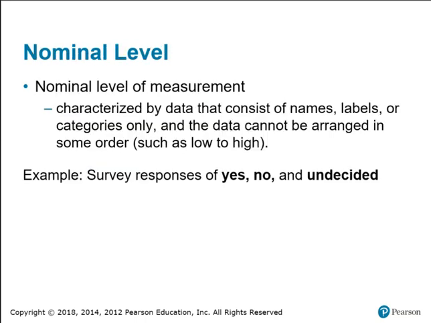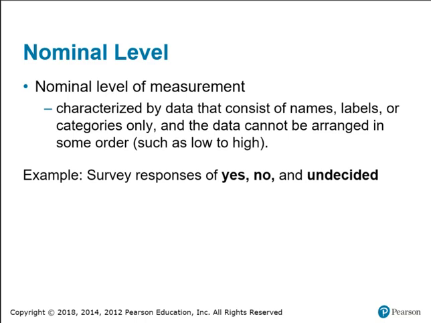All right, so nominal level. This is the one where we're assigning a value, like eye color. 1 is brown, 2 is gray, 3 is green, whatever, right?